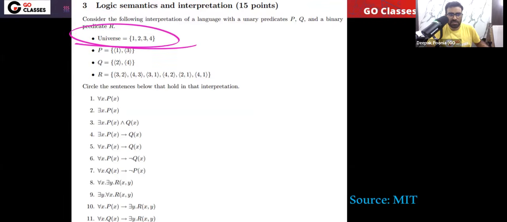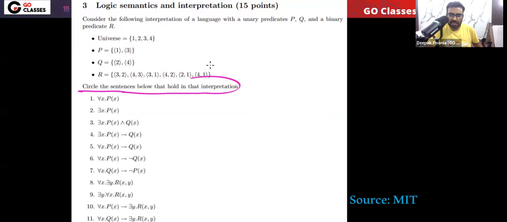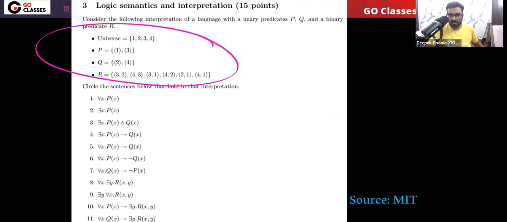The universe is 1 2 3 4, only 4 elements in the domain. P, q, r are the predicates. P, q are unary predicates. R is the binary predicate. Circle the sentences below that hold in that interpretation, meaning which of these sentences will be true in this interpretation.